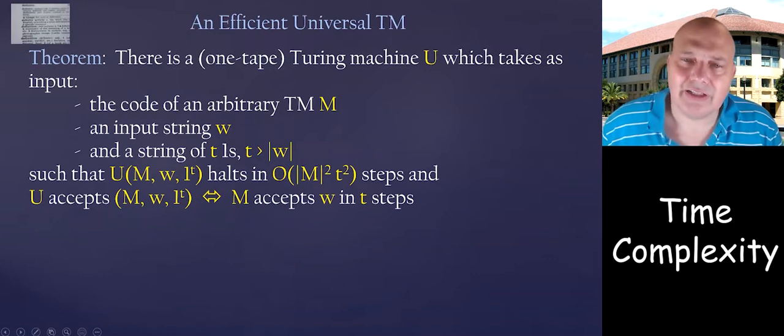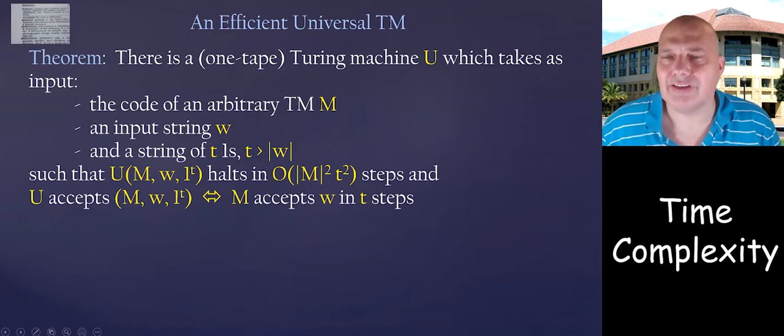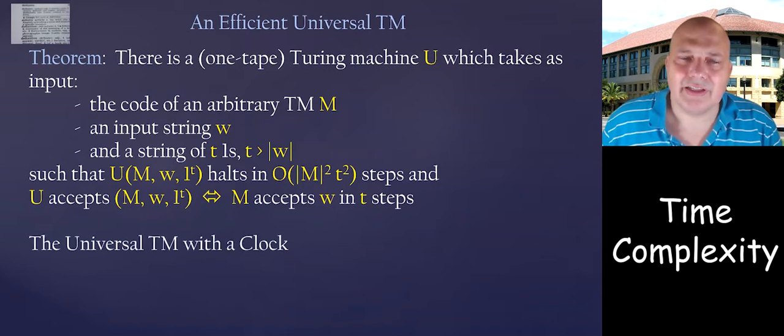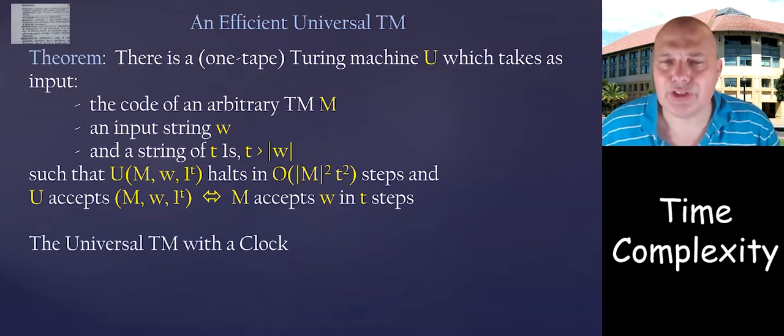And in fact, the simulation will have to look at this machine M many times. So it will actually be the size of M squared times T squared. So this is a universal Turing machine with a clock. We're simulating M on W, but we have a clock that keeps on ticking T times, and then we stop the simulation. So this will not run forever.